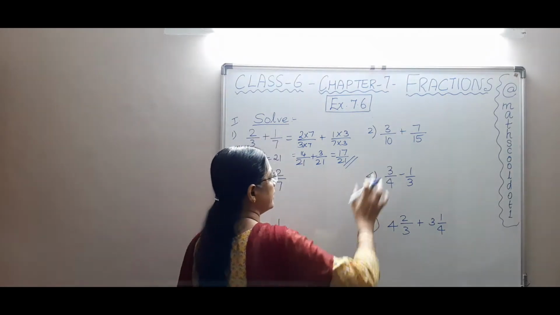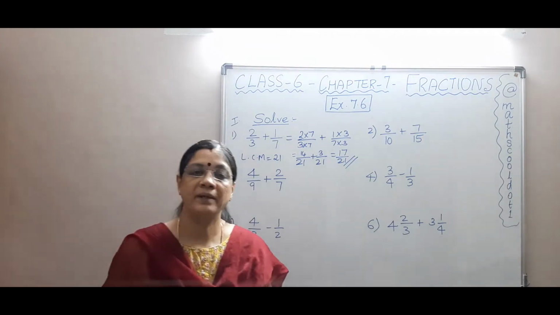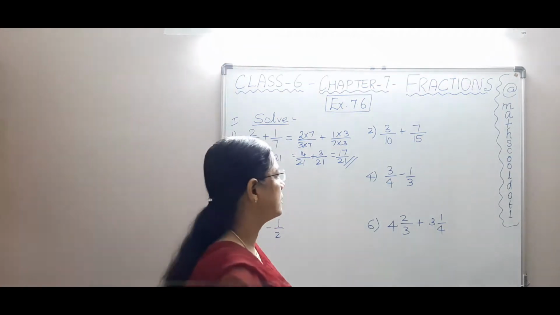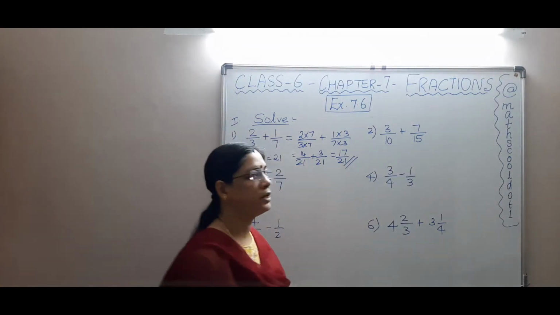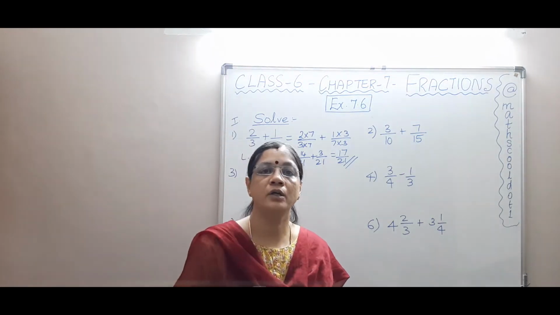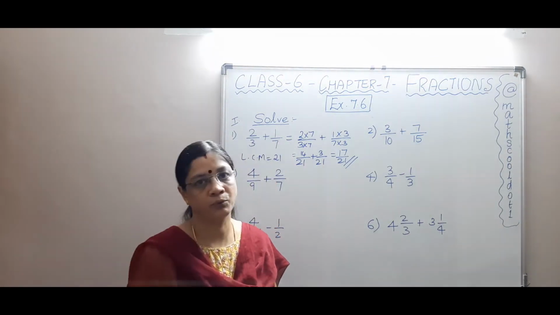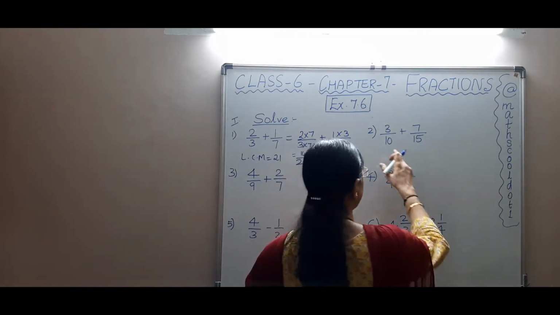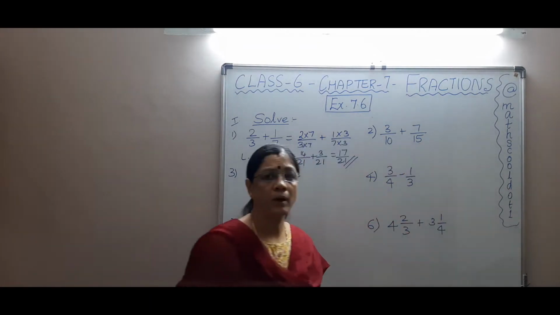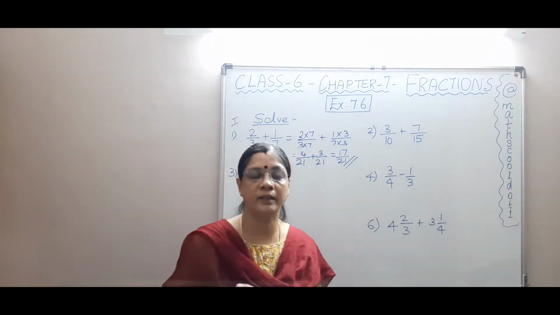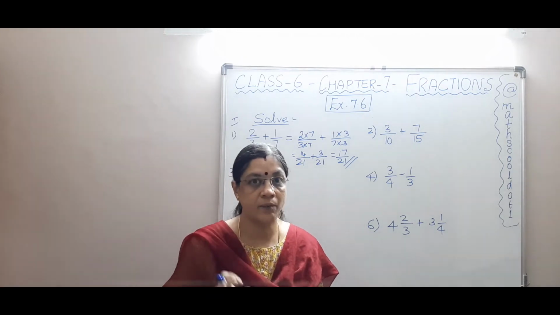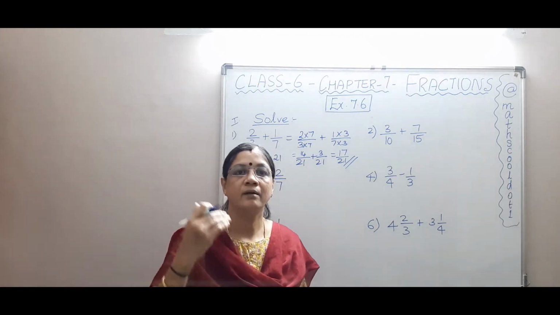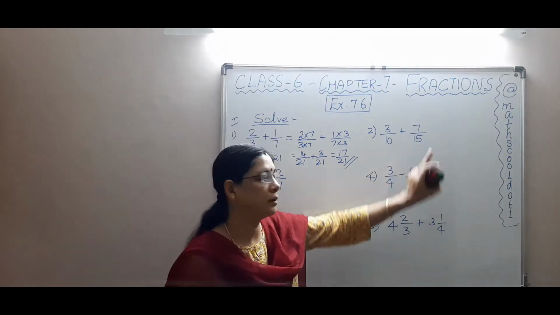Okay, so now the next one is 3 by 10 plus 7 by 15. For 10 and 15, you need to find the LCM. Here you have just two fractions, so to find the LCM very easily, you just remember the tables of the bigger number.